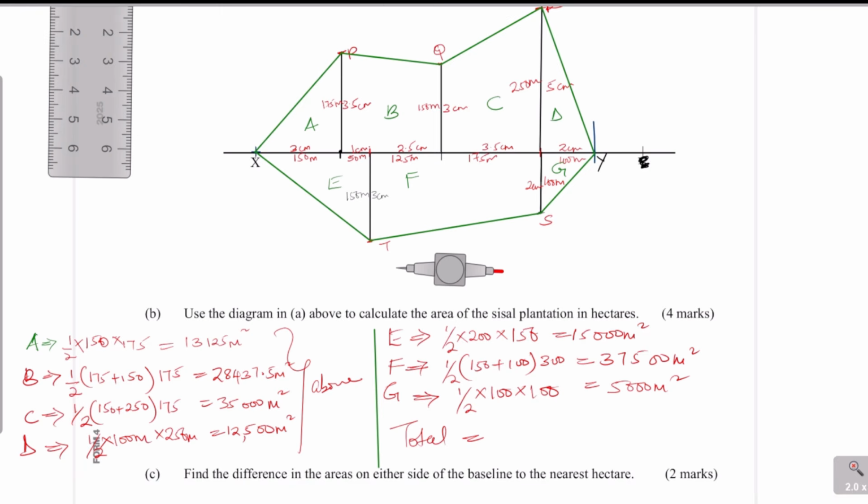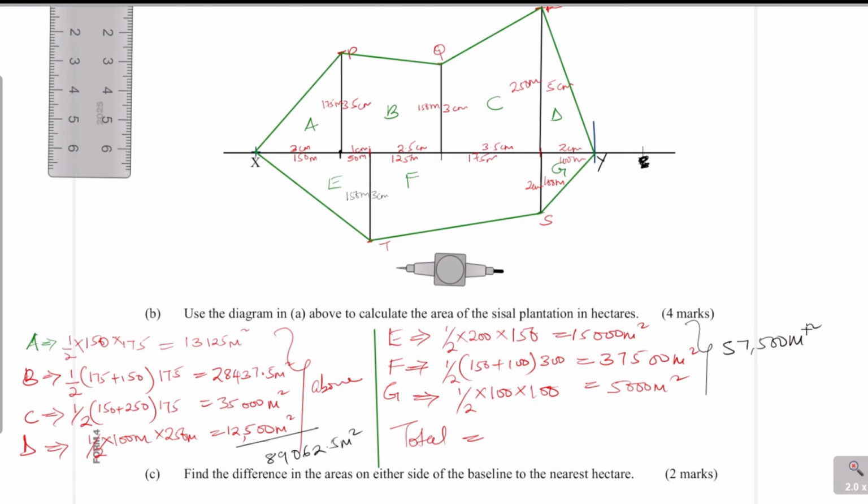For the offsets that are above, I get 89,062.5. Then let me get the offsets below: 15,000 plus 37,500 plus 5,000. That one gives 57,500 meters squared. Now after doing that, we can get the sum.